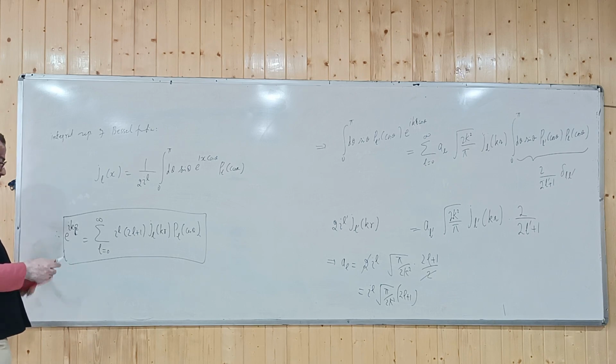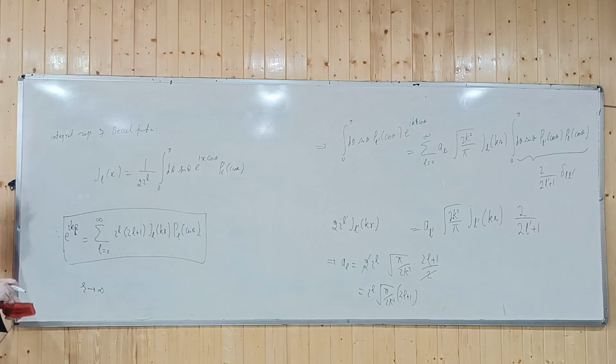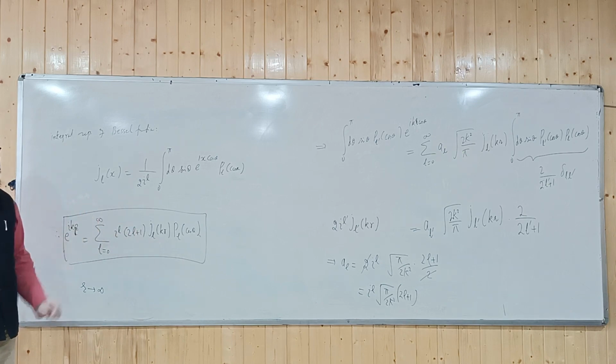Okay, so now if I take r tends to infinity, because that is the region we are interested in, the asymptotic domain, which is the term which depends on r? It is j, clear? So I need to figure out how j looks when r tends to infinity.